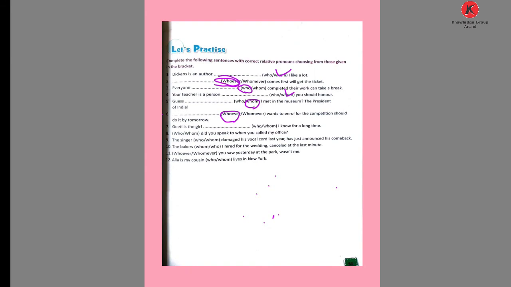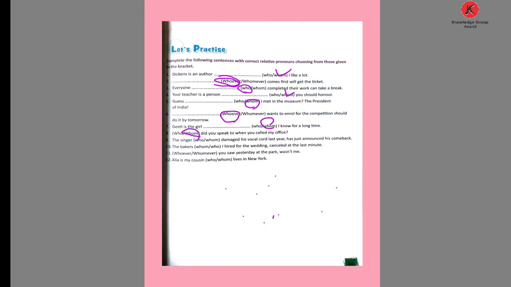Number 7. Geeti is the girl blank I know for a long time. Whom I know for a long time. That is the girl. Number 8. Blank did you speak to when you called my office? Here comes whom.